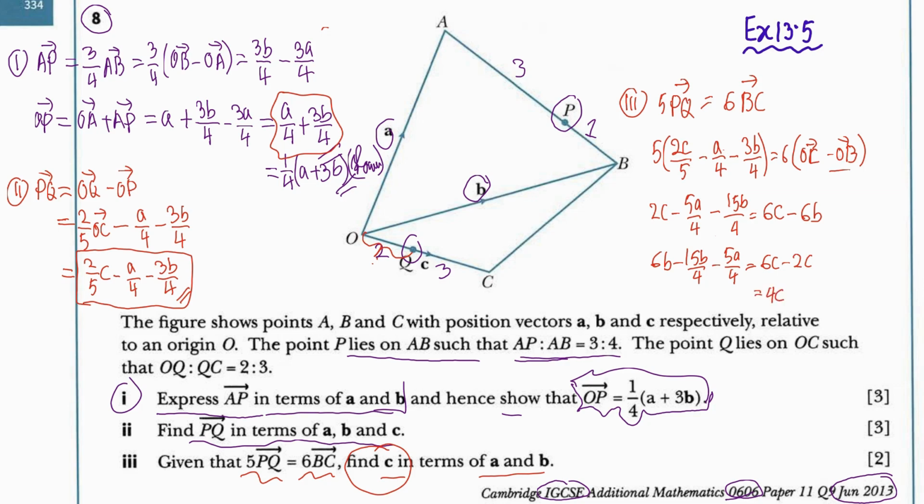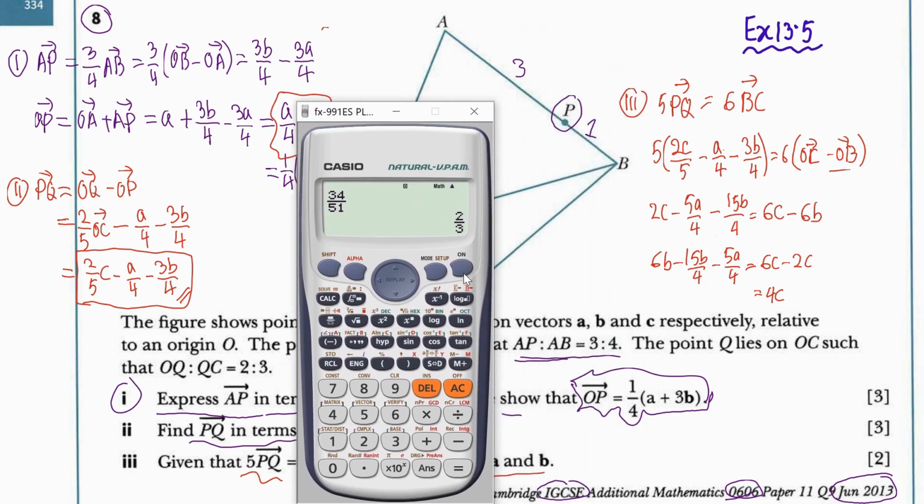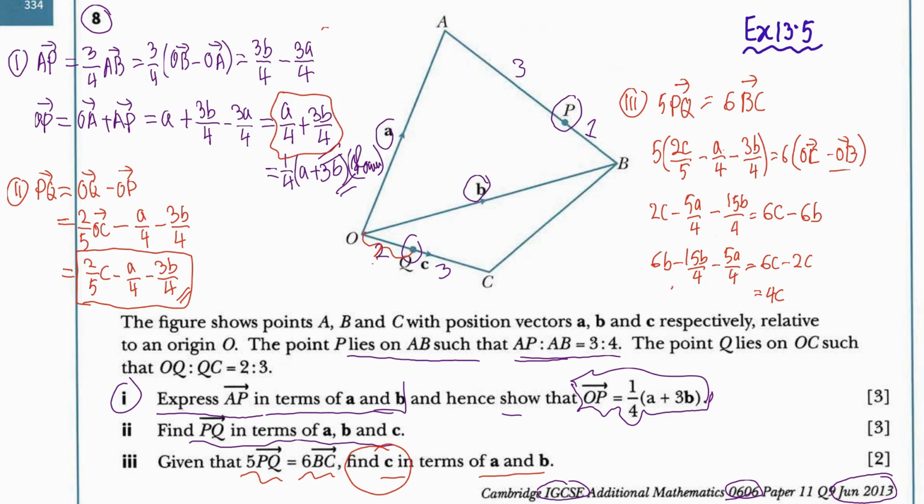On the left side 6b minus 15b/4, let's use the calculator. For the b part, 6 minus 15/4 gives us 9/4. So on the left side I write 9b/4 minus 5a/4.